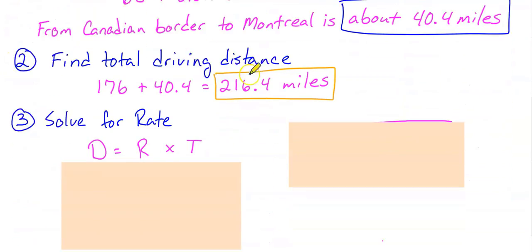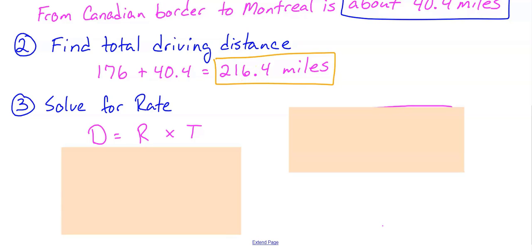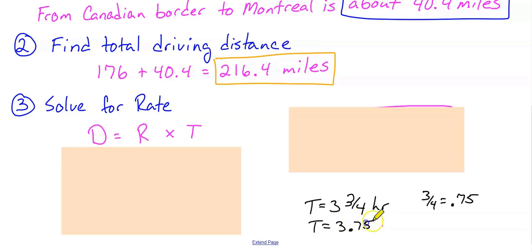Okay, so time is equal to 3 3/4 hours. Personally, I find it easier to use a decimal. And I know 3 divided by 4 equals 0.75. So I could change time into 3.75 hours to make it easier when I plug it into the formula.